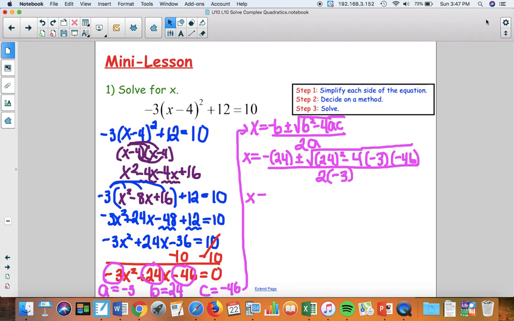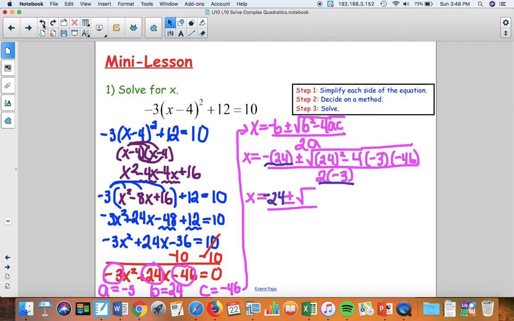So when we use the quadratic formula, we want 3 numbers. The number under the radical, the number in the denominator, and the number in the numerator. So here, negative 24, that goes before the plus or minus. Let me just fix that a little bit so it's more clear. Negative 24.